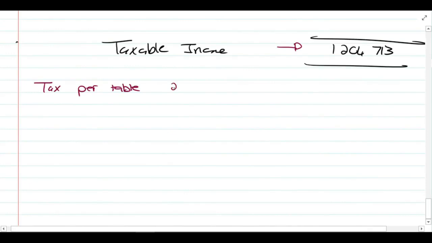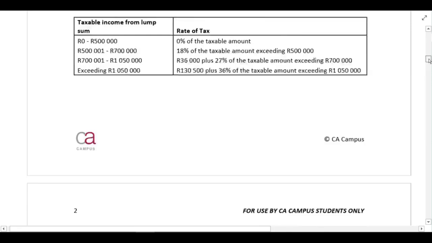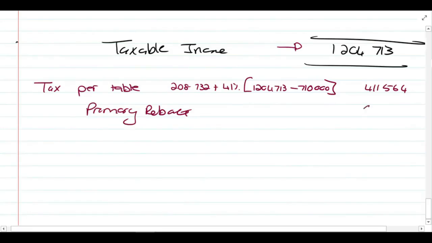So tax is 208,732 plus 41% of the amount, 1,204,713, our taxable income, minus 710,000. Okay, 411,564. From this we deduct our primary rebate, whichever is applicable. In this case again we're just using the amount given to us here, 14,112, which I've given to you guys.